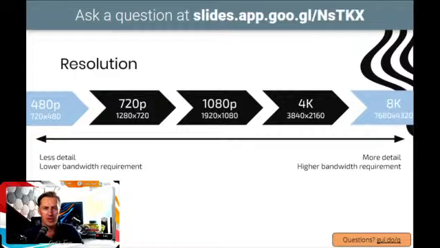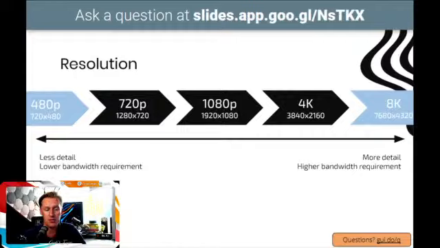I think for YouTube, you can actually start live streaming at 240p, which is very low. What you need to consider here is that the lower you go, the less detail, but also the lower the bandwidth requirements. So if you're strict on bandwidth, you might err on the lower side.